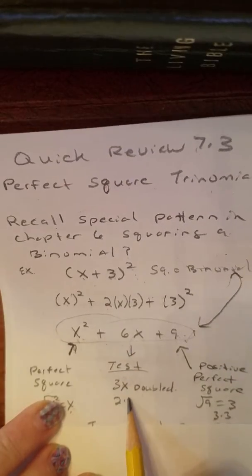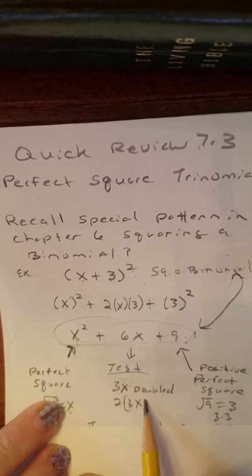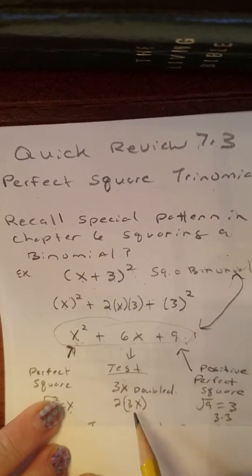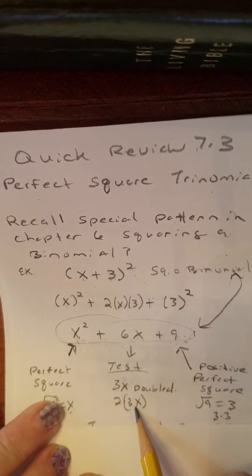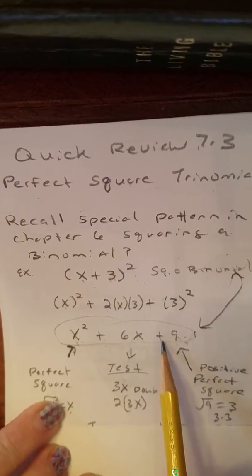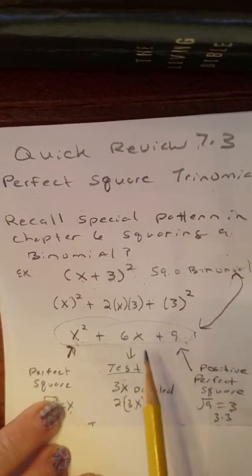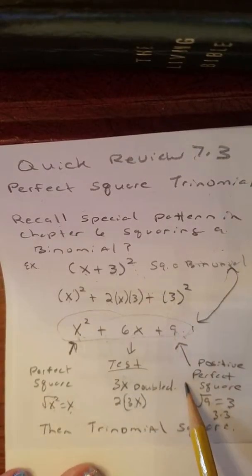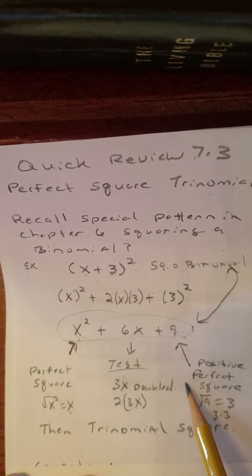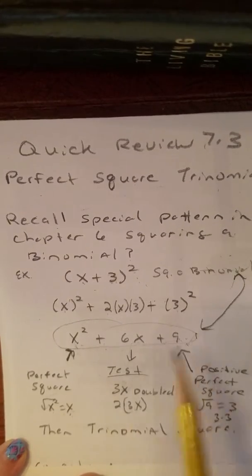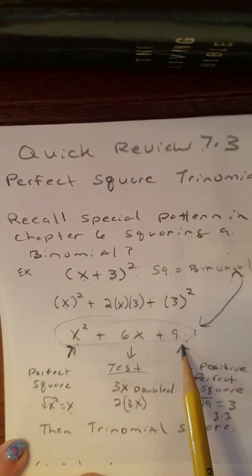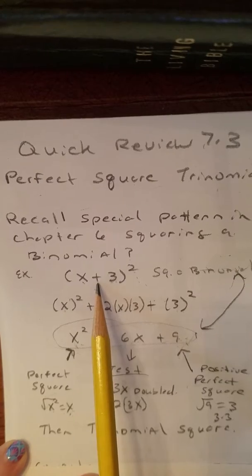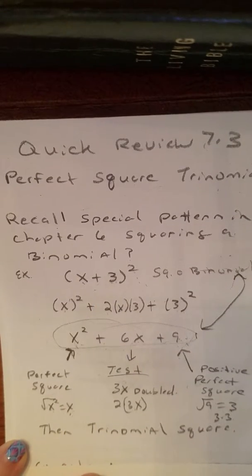Well, 2 times 3 times x is 6x. So the middle term tests out. Also, this is positive. So you could say this is a perfect square trinomial. If I give you this and tell you to factor it, you're going to write it as x plus 3 squared.